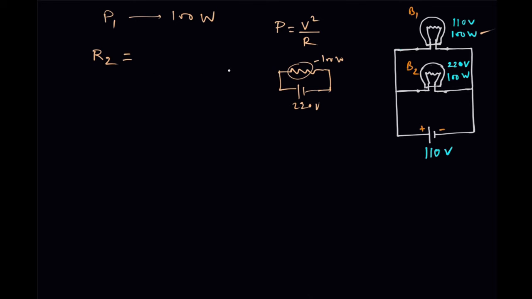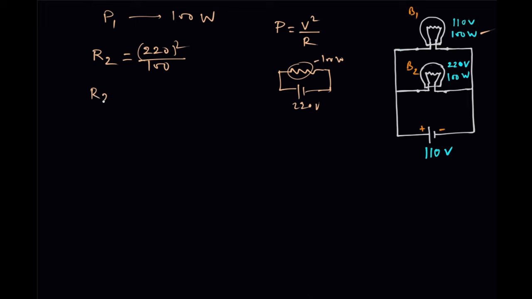This is the equivalent circuit for this rating. R2 is equal to how much? That is equal to V square, V is 220 volt, 220 square divided by 100 watt. V square divided by R is equal to P, so R is V square divided by P from this equation.